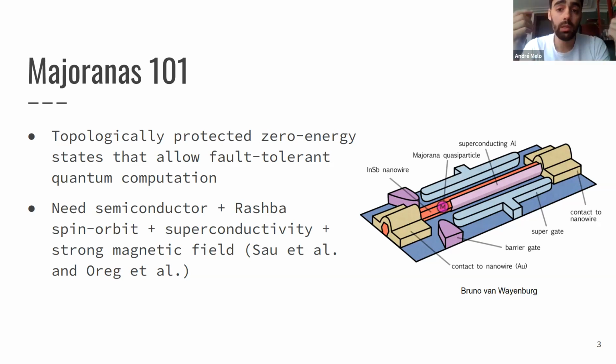In addition to these exotic exchange statistics, they are also topologically protected, meaning that you can use them to store and manipulate quantum information in a fault-tolerant way. That is connected to the fact that these Majorana modes are spatially separated, so that you can encode information in non-local degrees of freedom that are immune to local perturbations to a certain extent, as we'll see.